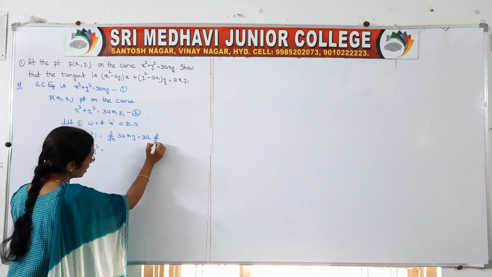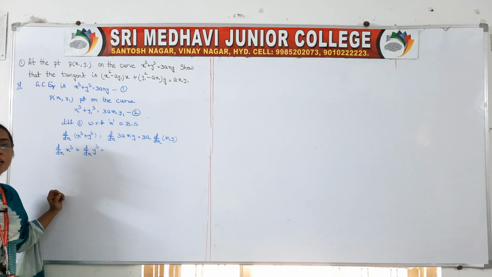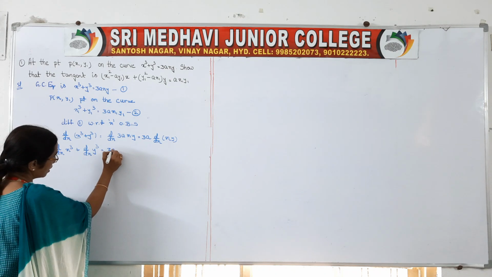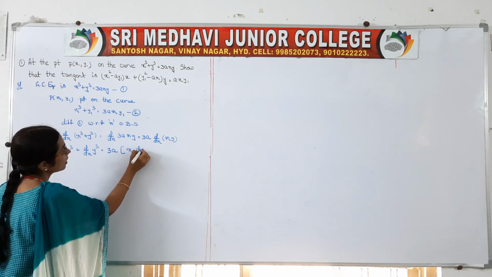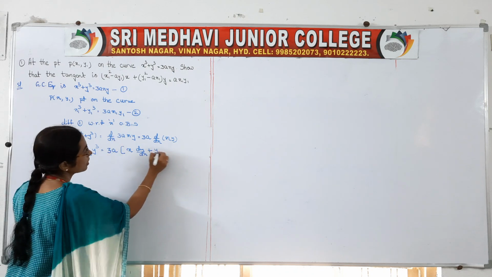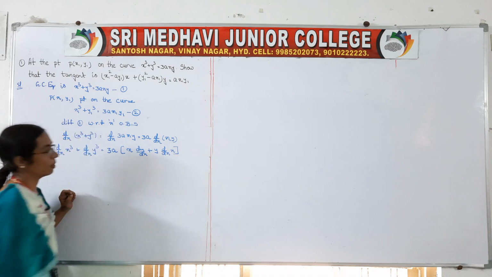So we have to differentiate x into y. We will write the constant outside. It is product form. So it is 3a into, keeping x as it is, differentiating y. Next, keeping y as it is, differentiating x. That is the product form.